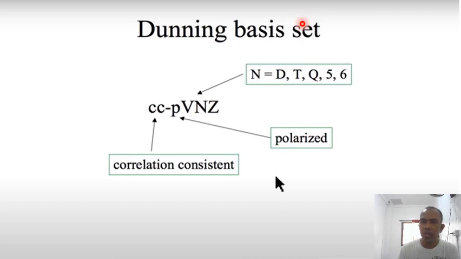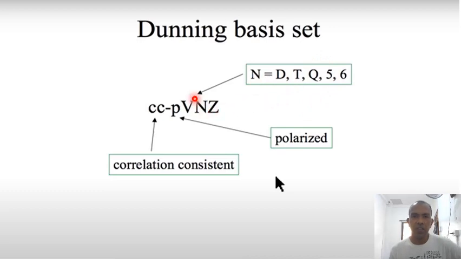you go up, you add a new higher angular momentum function, and you split all the lower ones further. Then n is either D for double, and V is valence.